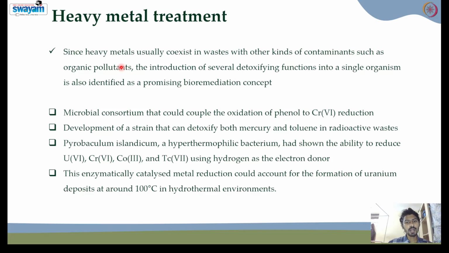So you have to find a strategy so that it can detoxify all these organic contaminants as well as the heavy metals. So what kind of approaches can you follow?